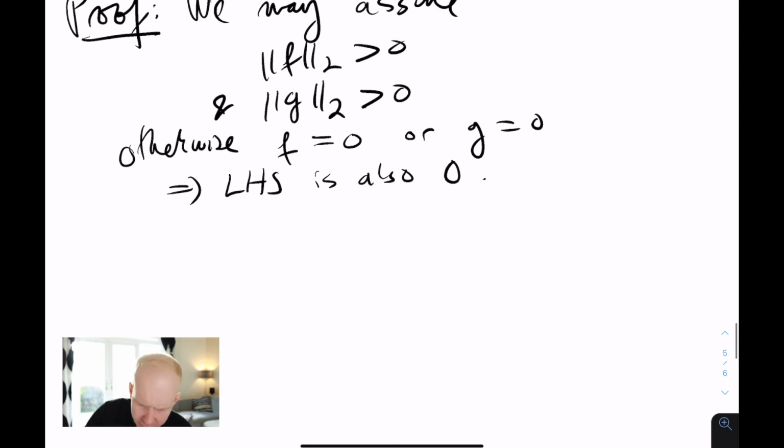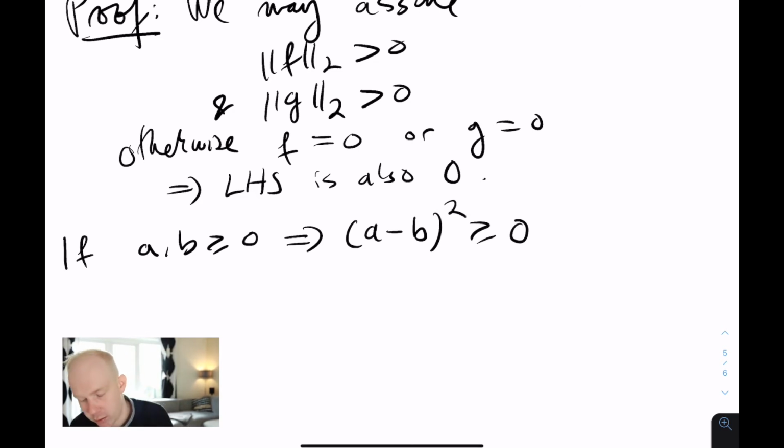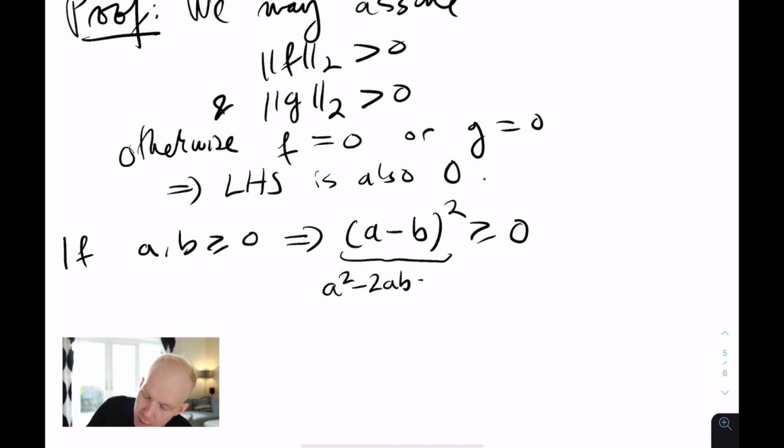Now we also have the following basic property. If a and b are non-negative numbers, then a minus b squared is non-negative, because they are real numbers and you're taking their difference to the power 2. But this number is a squared minus 2ab plus b squared.